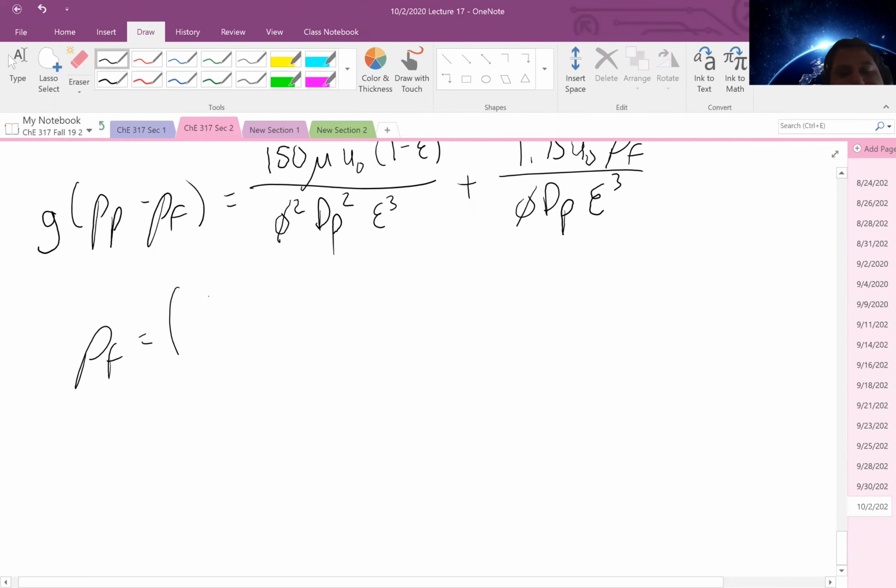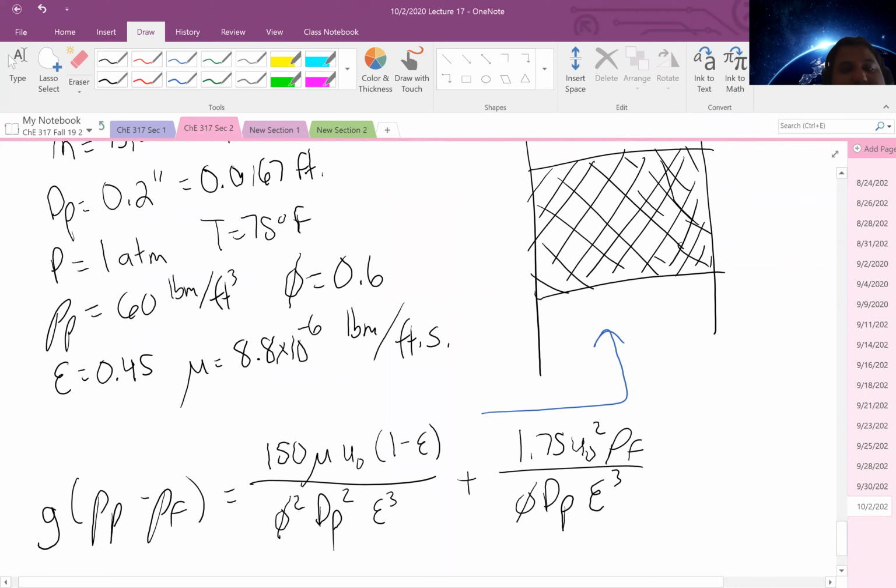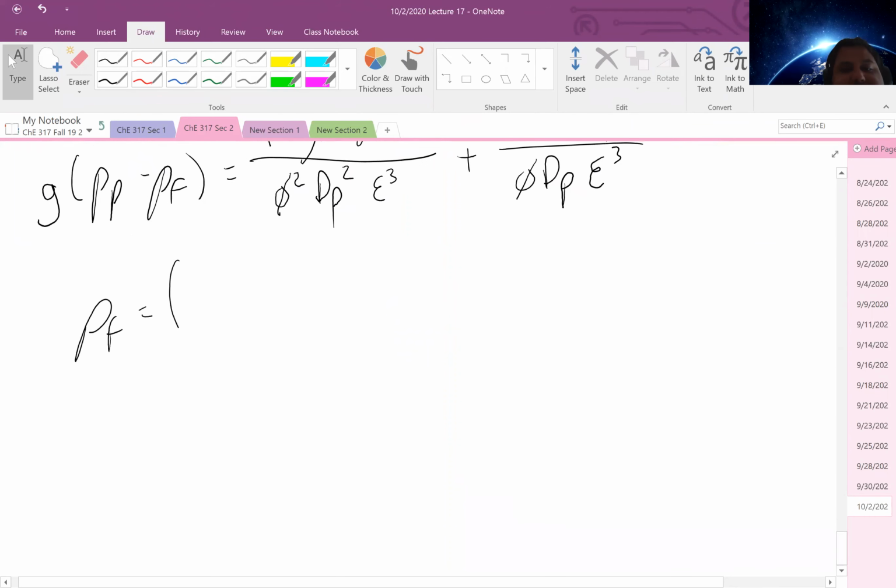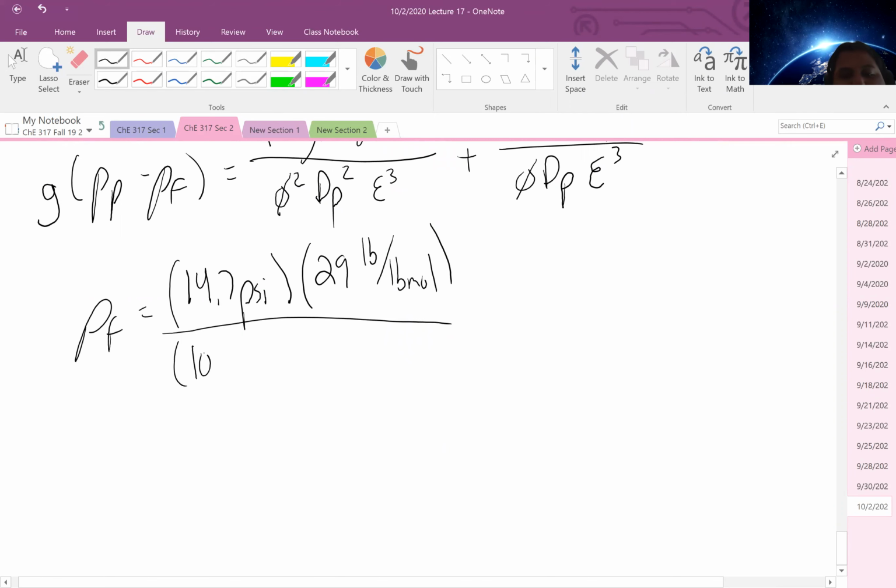So I know that based on the conditions, I have 1 atmosphere and 75 degrees F. So I have 14.7 psi, 29 pounds per pound mole, over 10.73 psi cubic feet per pound mole degree Rankine. And I have 75 degrees, which in Rankine is approximately 535.